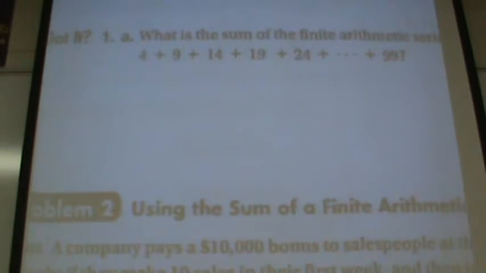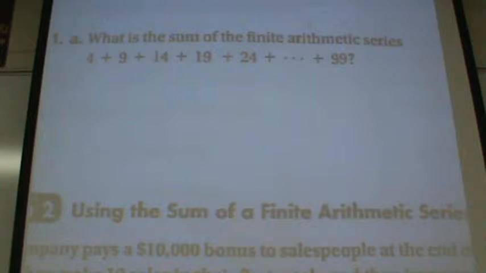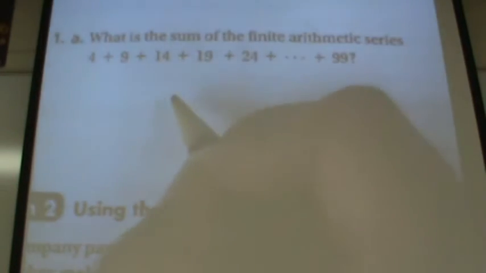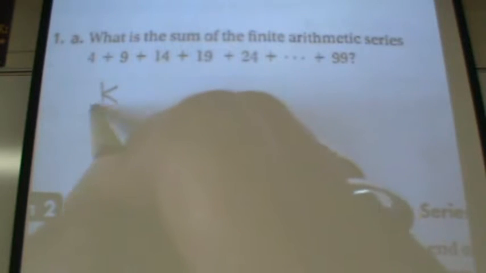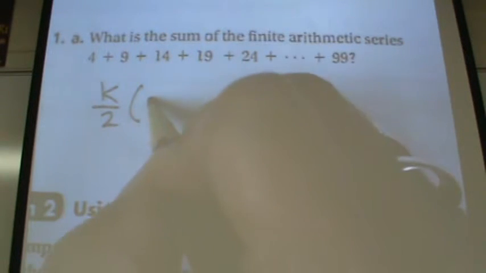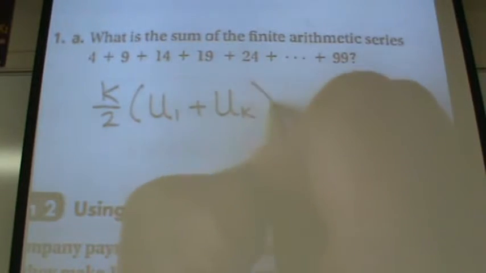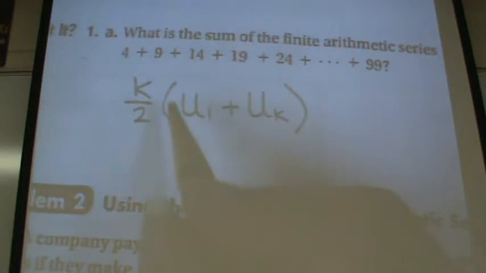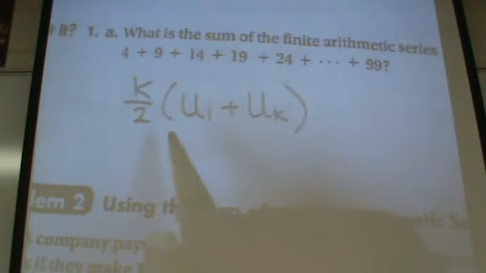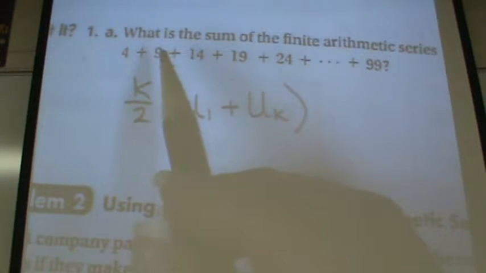How do you do this one? Well, let's look at this. Here's our formula, k over 2. We've got this pattern, and it goes from 4 to 9, 9 to 14. What are we doing to go from 4 to 9?